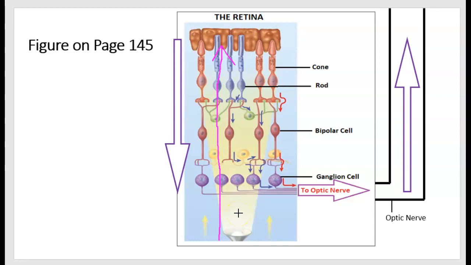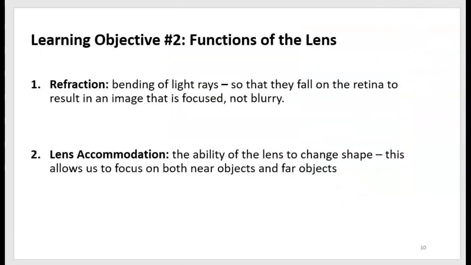So now they're stimulated. Now the electrical signal has to get to the optic nerve. And that's why I've drawn in these purple arrows. The electrical signal will come forwards, travel laterally to the optic disc and the optic nerve, and then go posterior. Okay, that's it for the retina.